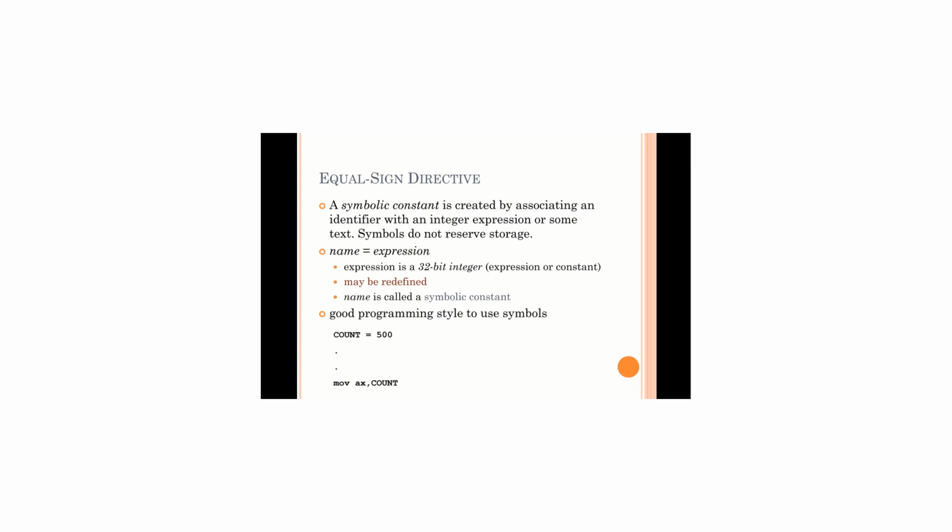The benefit is that if later there's a policy change, let's say the school gets more funding from the state, and we're going to reduce the class size to 28, all you need to do is change one line of code. You don't have to change the rest of your program. So it is generally considered good programming style to use symbols, if possible.